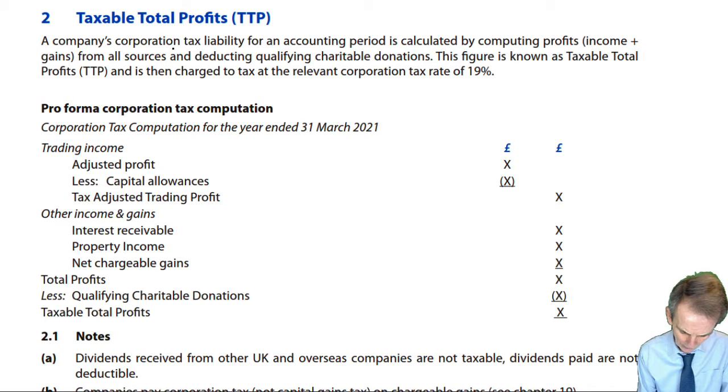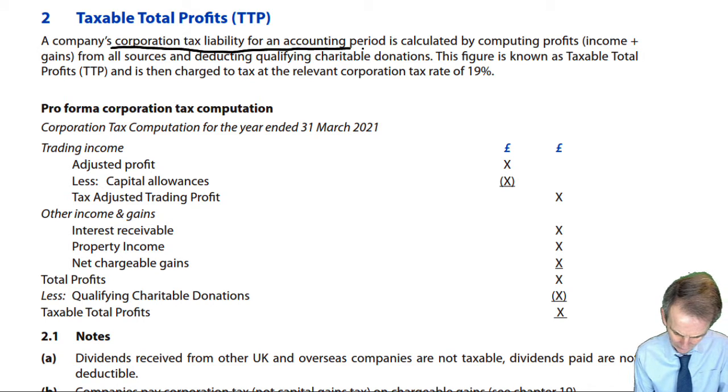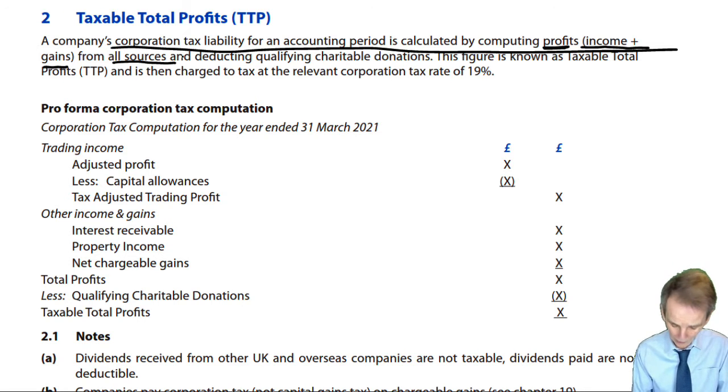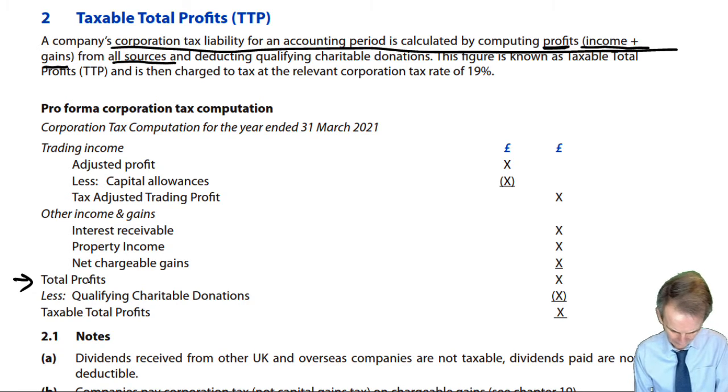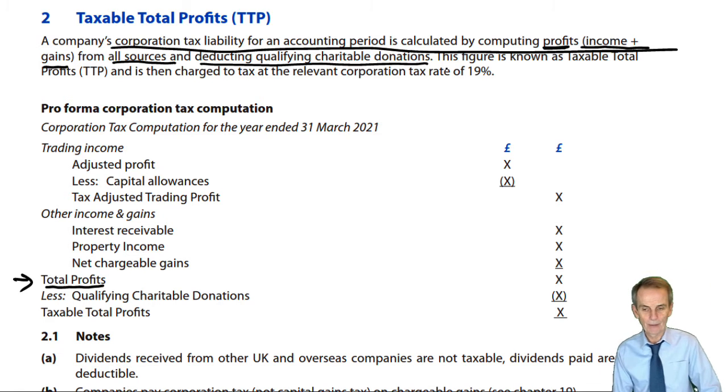The company's corporation tax liability for an accounting period is calculated by computing the profits, and that is worldwide income and gains, from all sources. That will bring us down to something called total profits, and then deducting qualifying charitable donations.